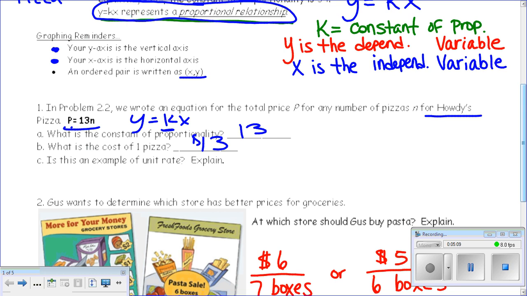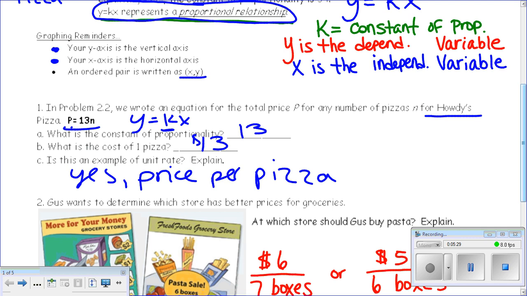Sophia? What is our unit rate? Yes, because it is the price or cost per pizza. Exactly. Per one pizza.